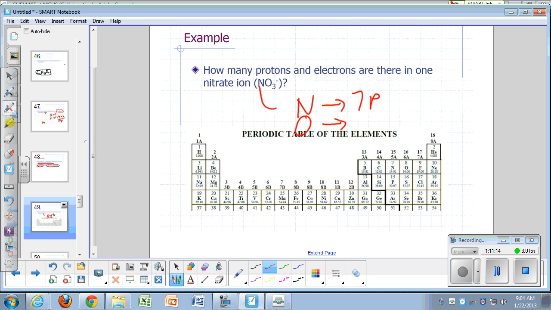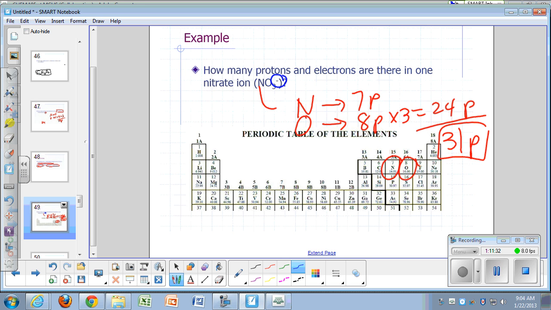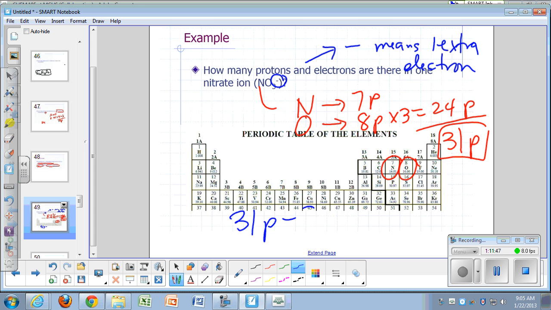Oxygen has 8 protons, so 8 times 3 gives you 24 protons. So 7 plus 24, that's a total of 31 protons. Now, you'll notice there's a negative charge. That negative means 1 extra electron, so the number of electrons is 32. So 31 protons minus 32 electrons gives you a negative 1 charge.